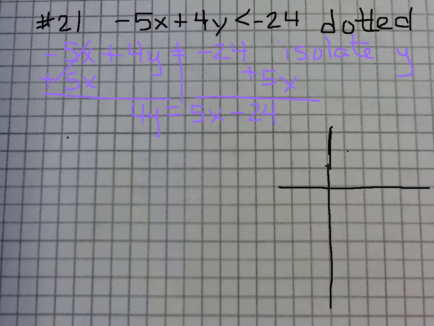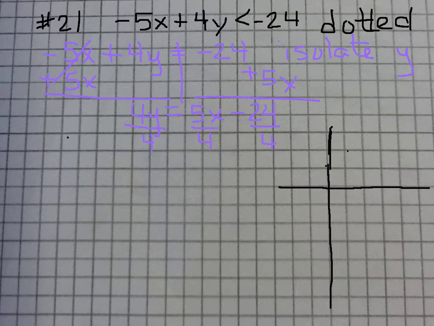I just wrote my 5x first because that's the traditional way of writing the equation. At this point, I see that y is almost by itself except for that 4, and I'm multiplying the y by 4. So to undo that process, I'm going to divide everybody by 4.